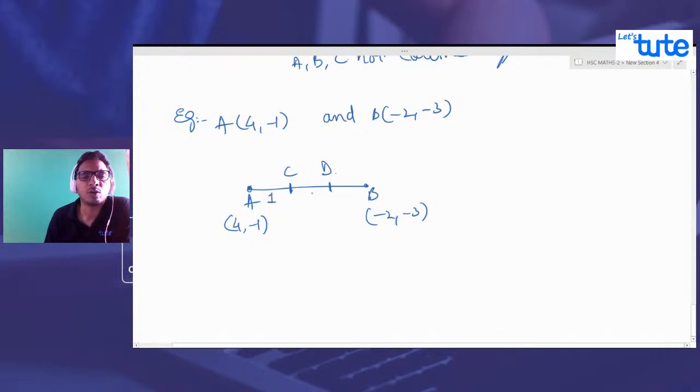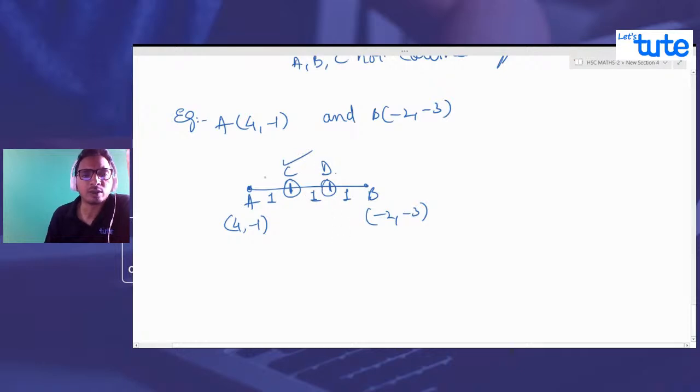Let us take it as 1, 1 and 1. If we are trying to find the point C, it would be dividing line segment AB in the ratio 1:2. If we are trying to find the coordinates of D, then it is clear from the diagram that D is dividing segment AB in the ratio 2:1.